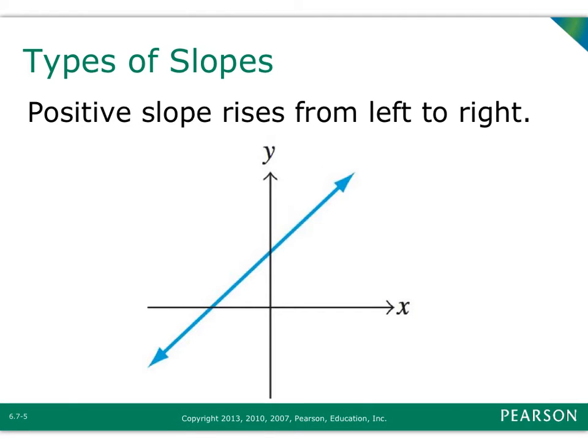For a positive slope, the line rises from left to right. That means that as x is increasing, y is also increasing. That means that slope is greater than 0.